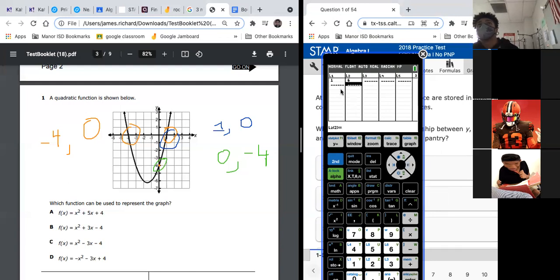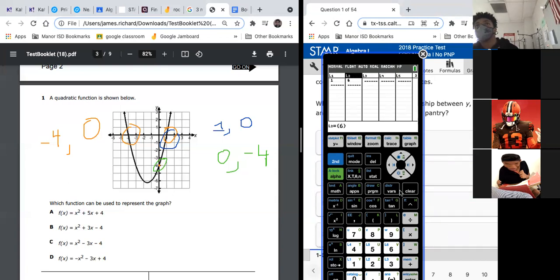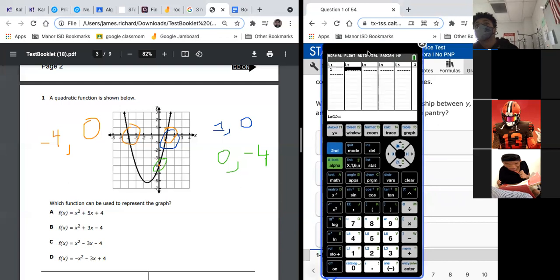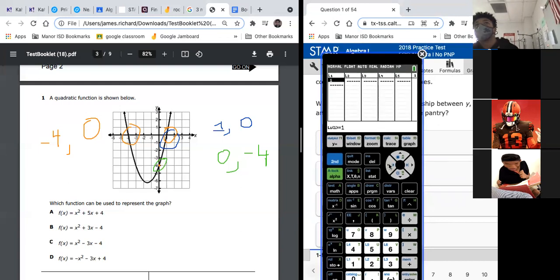You need to delete all these numbers that are in the way. Delete them by going to the top, highlight L2, press clear, and then enter. And then that's clear. Do the same for L1. So if there's numbers already there, go to L1, press clear, enter.